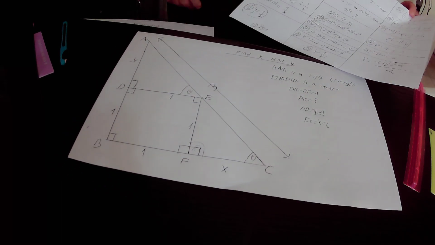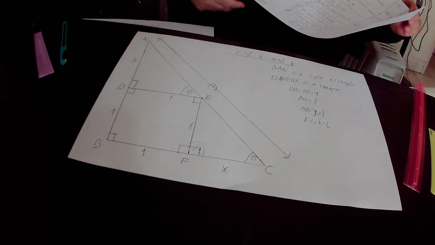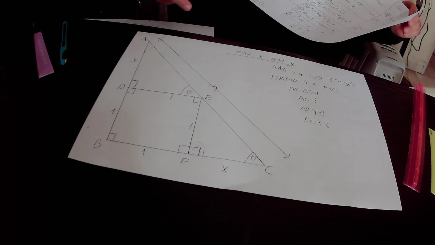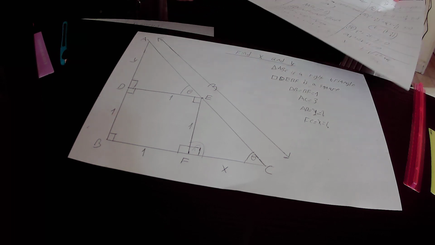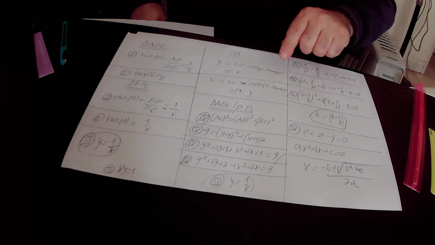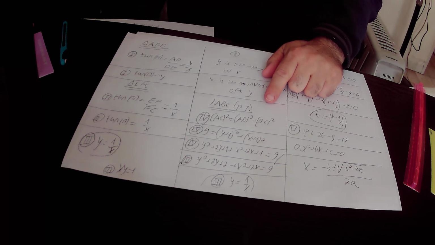Then we focused on the right triangle ABC. According to the Pythagoras theorem, the square of the hypotenuse equals the sum of the squares of the perpendiculars. That is to say, according to equation number 4, the square of the hypotenuse AC squared must equal AB squared plus BC squared.